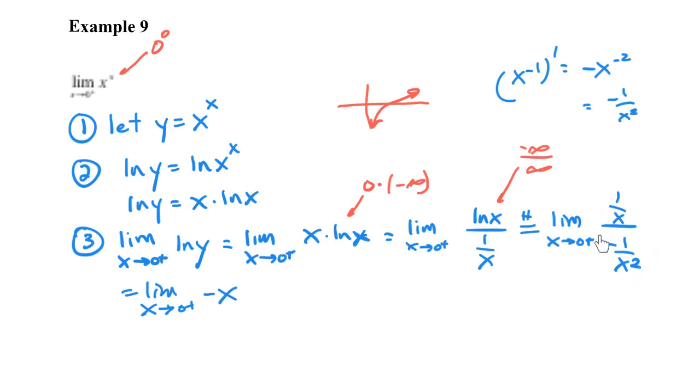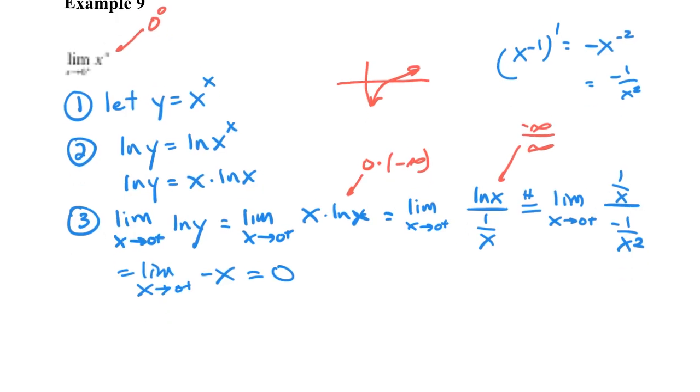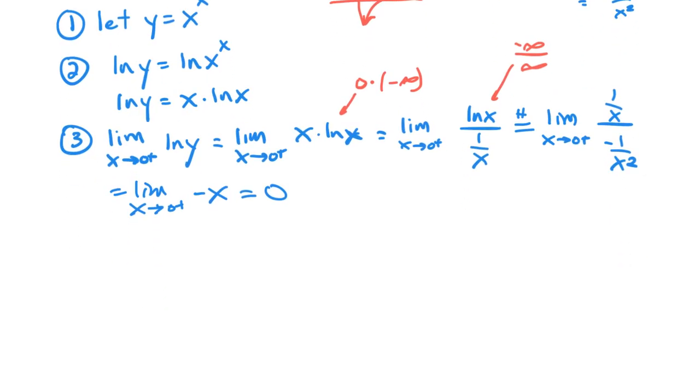This thing is just negative x. And when we take the limit of that, you just get 0. So all of that work, the limit is just 0. And this is x approaches 0 from the right. So step 4 is where we kind of put the pieces together.